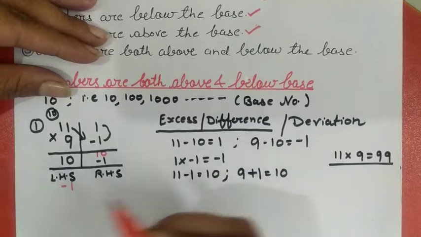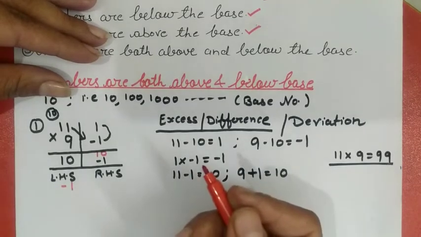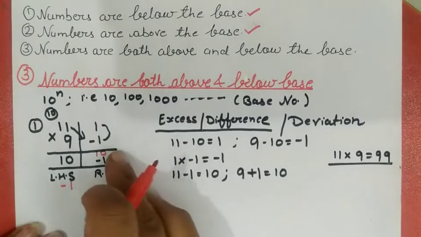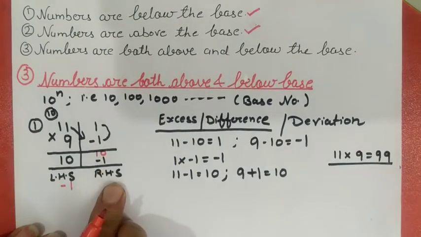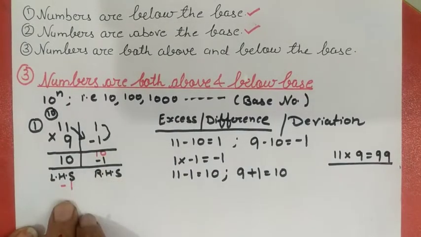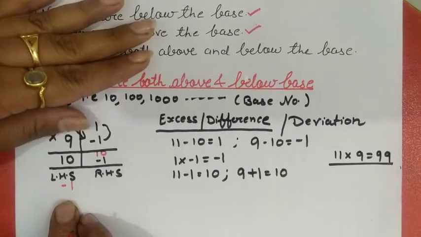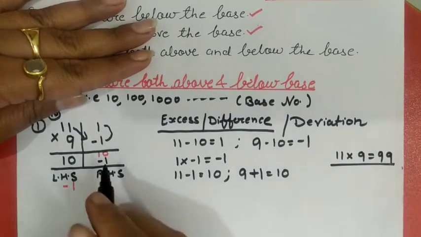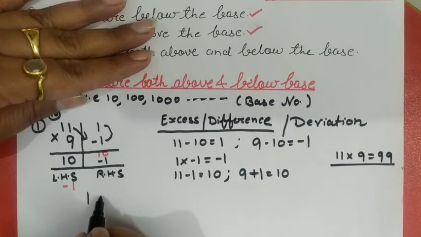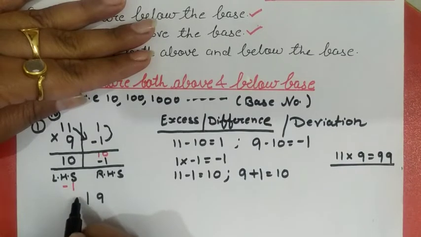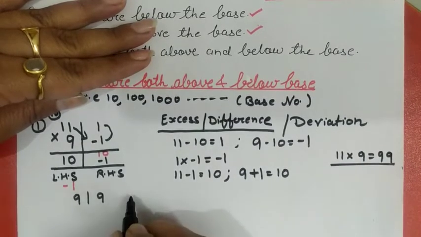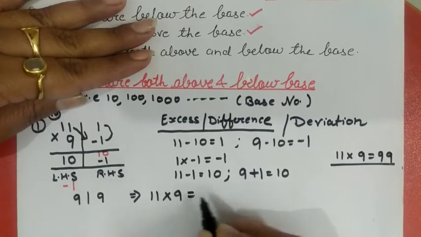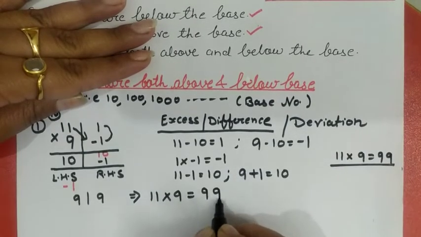Now on subtracting, we get 10 minus 1, 9, and again 10 minus 1, 9. So here comes our final answer: 11 into 9 comes out to be 99.